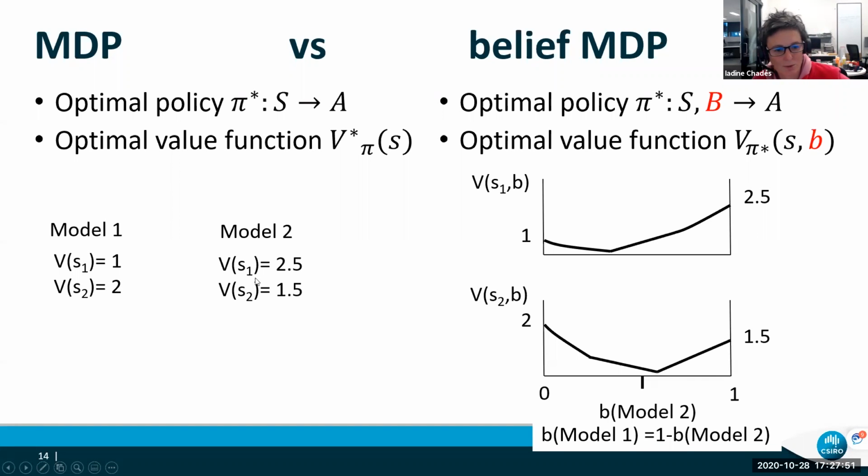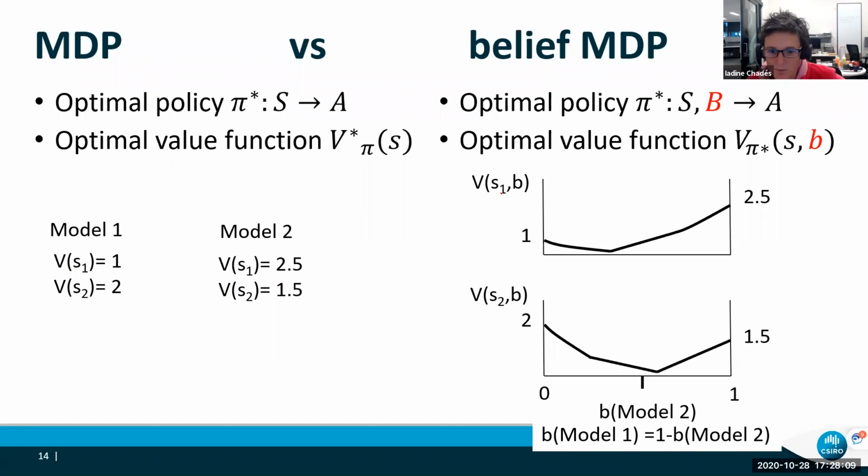And for model 2, we have a different optimal value function, and let's imagine we have different actions. Let's not care so much about the action. I want to focus on the optimal value function.